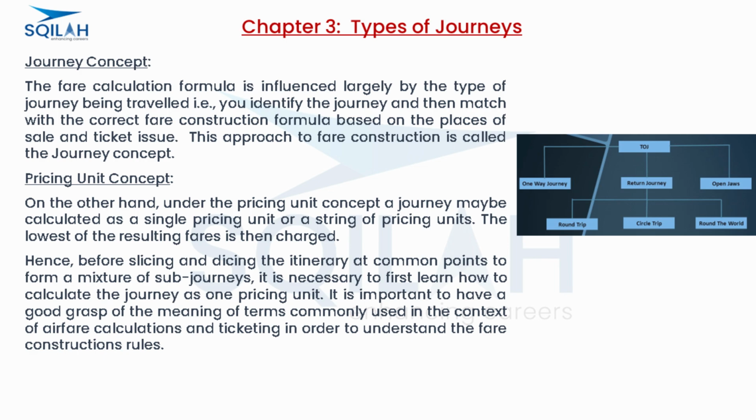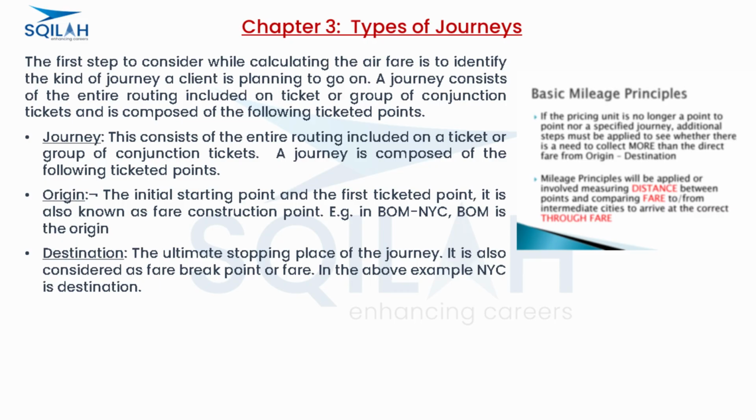It is important to have a good grasp of the meaning of terms commonly used in the context of airfare calculations and ticketing in order to understand the fare construction's rules. The first step to consider while calculating the airfare is to identify the kind of journey a client is planning to go on.